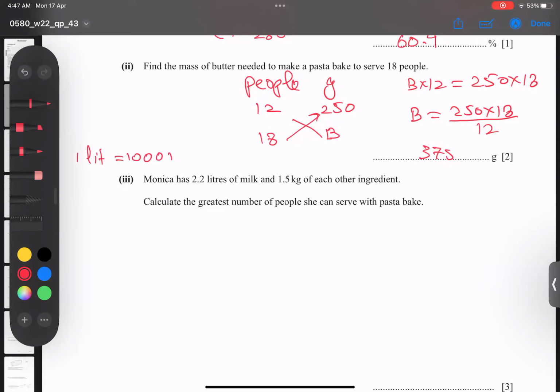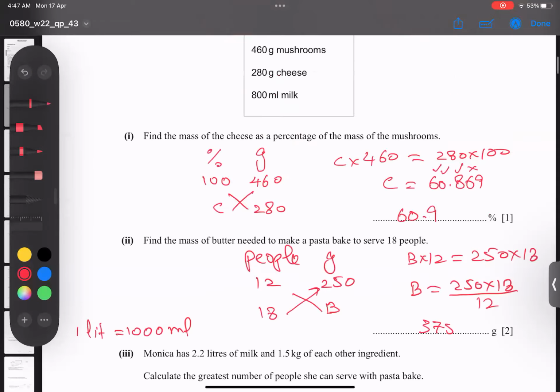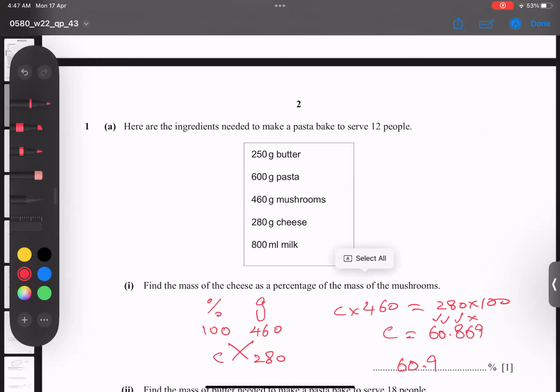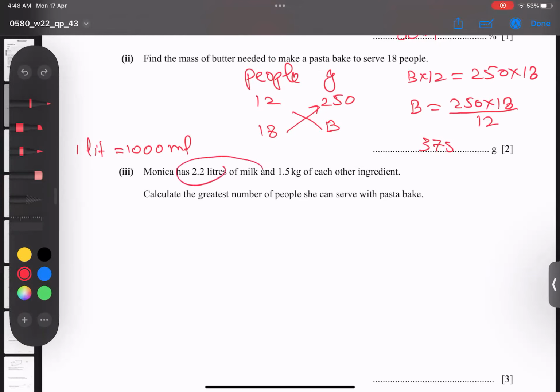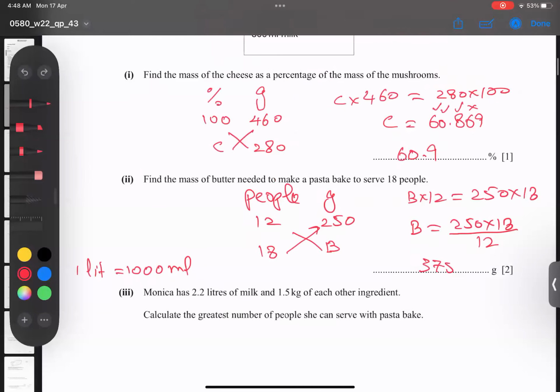Why did I convert? Because in the table you can see that milk is given in milliliters. So that is why I converted into ml. It means that I can make a plan. 2.2 liters means 2,200 milliliters.